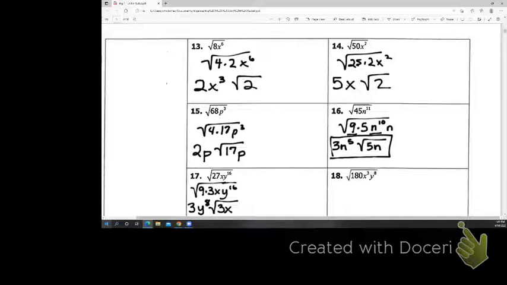Let's work our way down. 81. Does 81 go evenly into 180? No. 64? No. How about 49? No, not ending in that 0.